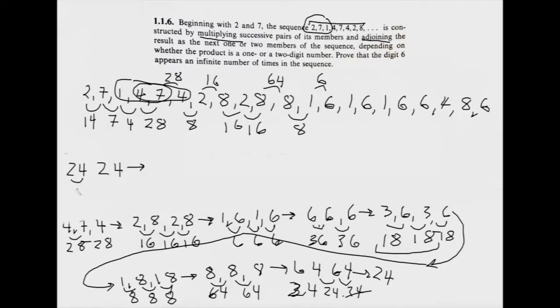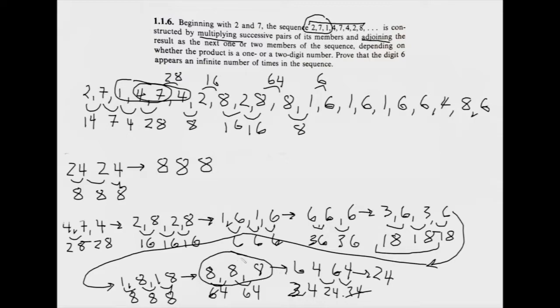Now here's where the curious thing happens. You'll see we have 8, 8, 8. So if you notice, we have already done that part of the sequence, 8, 8, 8.